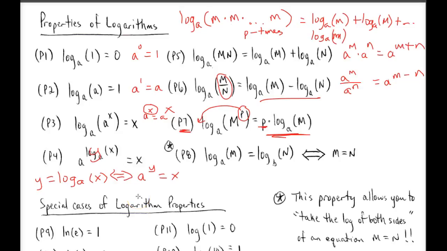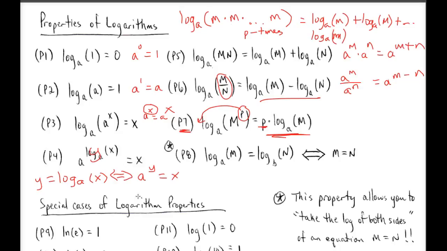From that point, if you need to solve for, let's say, p in this case, and p is in the exponent, by having m raised to the p inside of a logarithmic function, we're allowed to pull that p out and multiply it, thus being able to solve for p there.